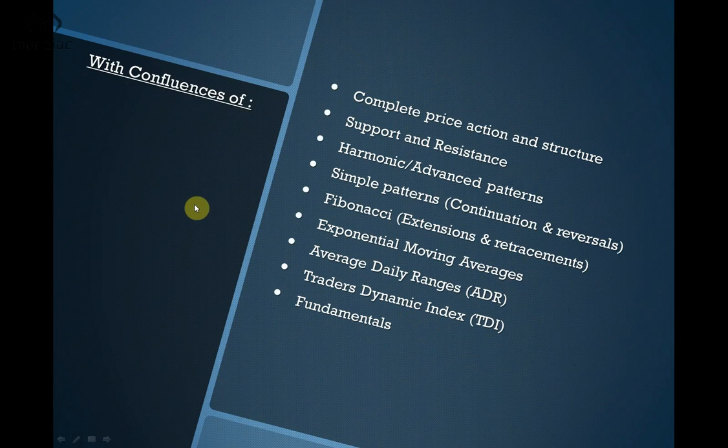So with all that, you just need to know you don't just trade because it's market makers. You also need a confluence of other things like complete price action and structure, support and resistance, harmonic or advanced patterns, simple patterns which are continuation and reversal patterns, Fibonacci extensions and retracements, exponential moving averages, ADR, TDI, and fundamentals.